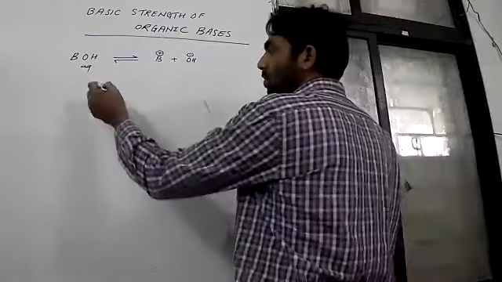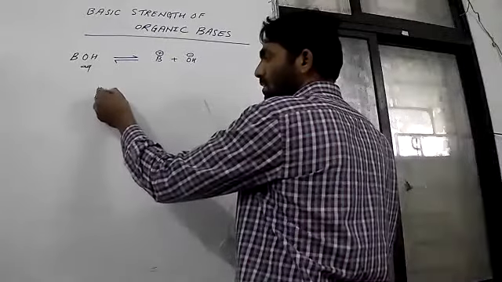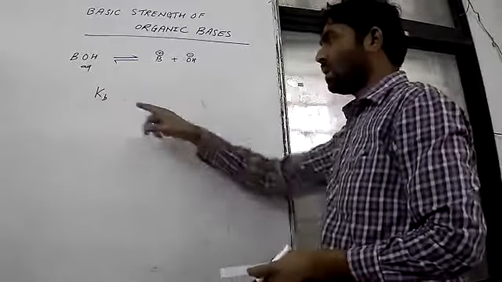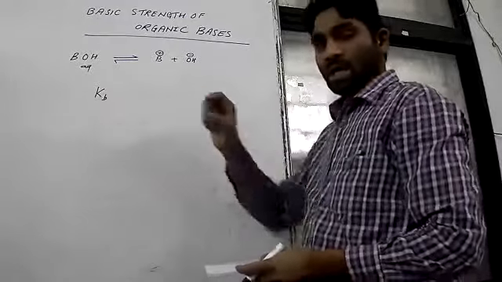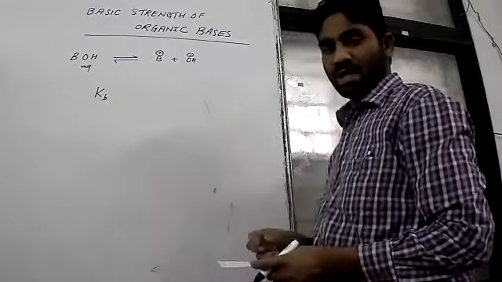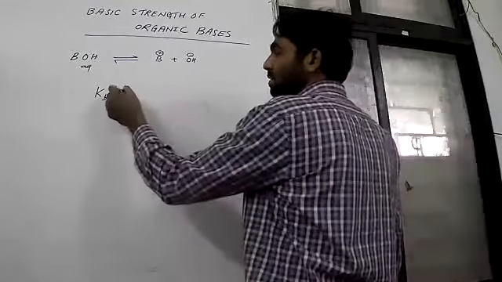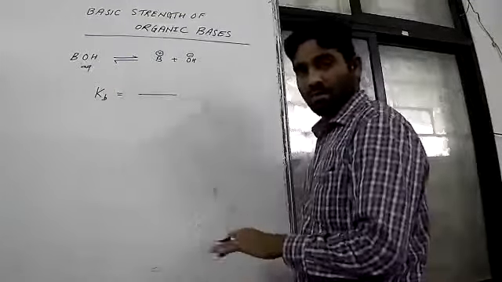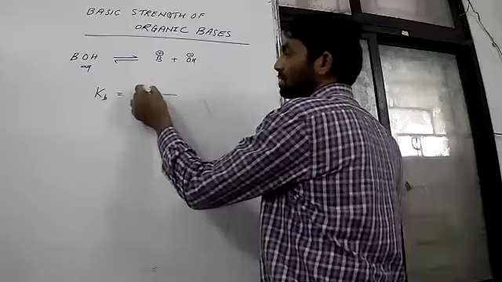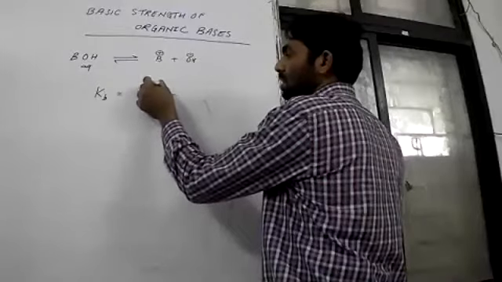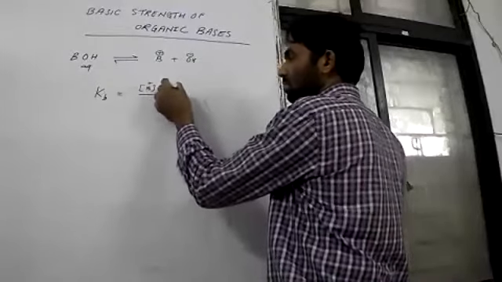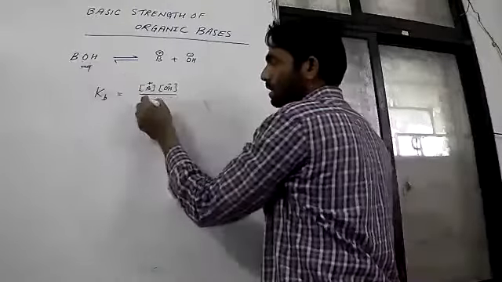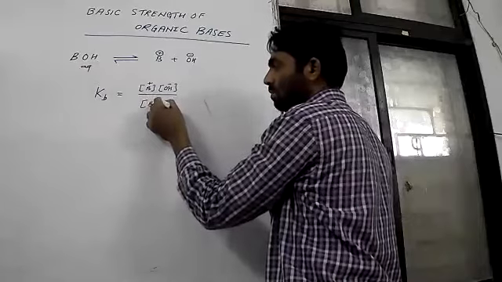According to Arrhenius, the equilibrium constant Kb for a base can be given as the concentration of the ions which are formed after ionization, divided by the total concentration of base we have taken.